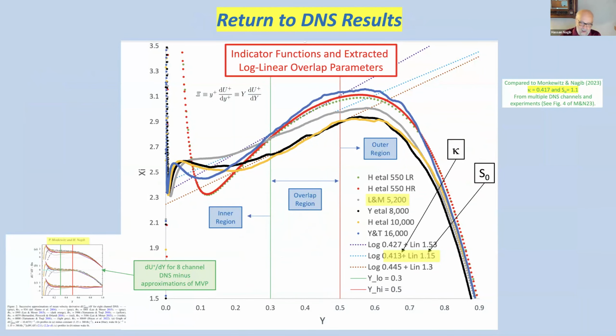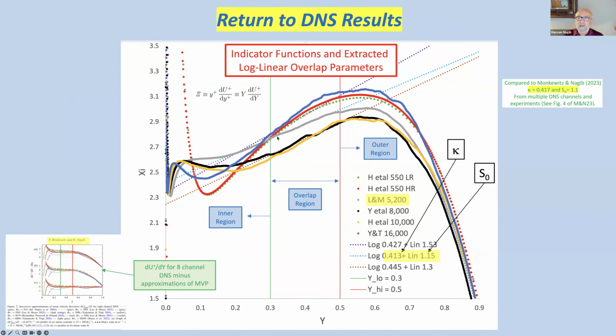So now I'm ready to start wrapping up the seminar with the main highlights. So I look at the channel, and I want to tell you how we define this range. 0.3 to 0.5 appears to be very robust for all the Reynolds numbers we've looked at. I keep using the same notation up to 16,000.